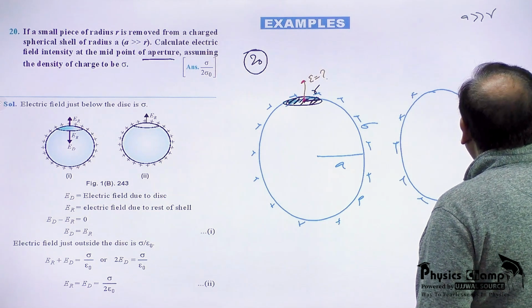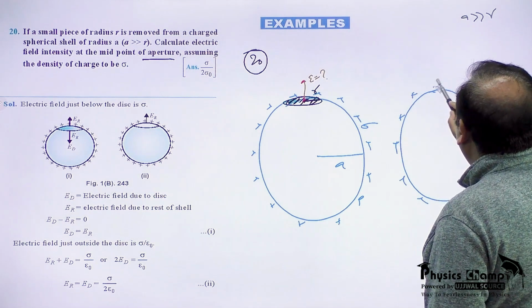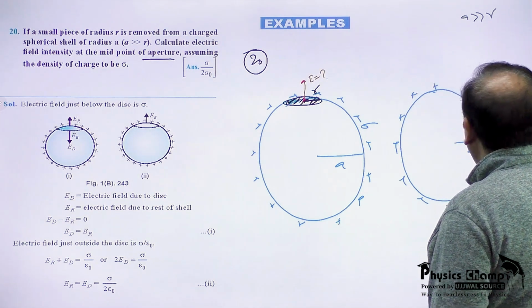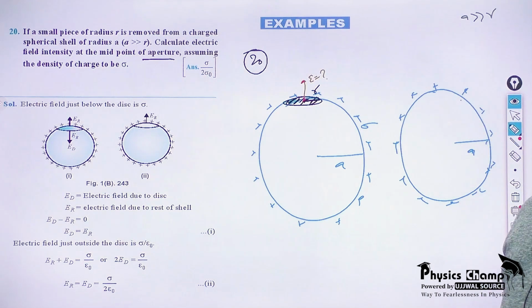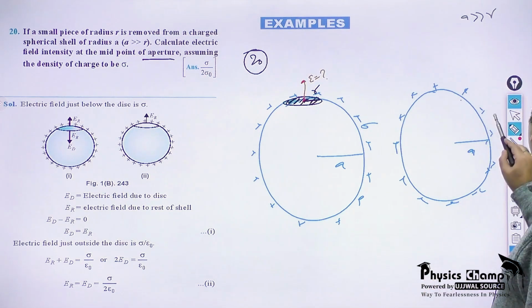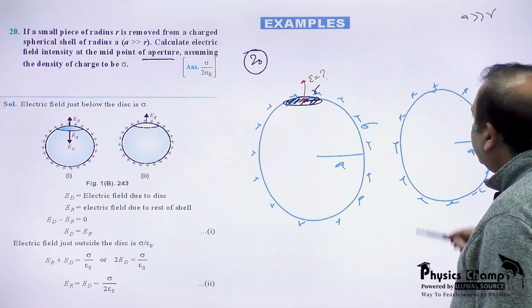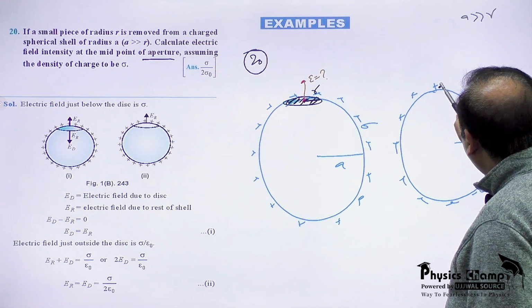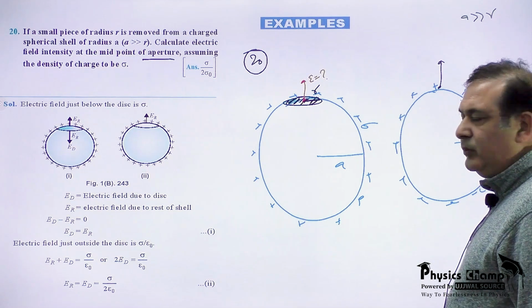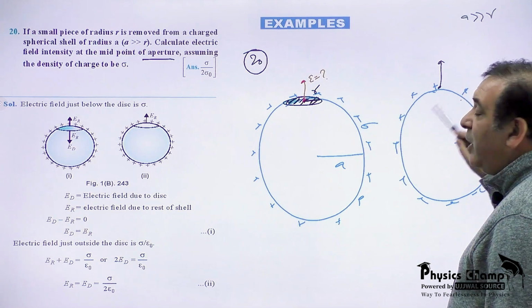In a normal situation, if I say that you have a shell of radius a, and this shell has a charge density sigma, what do you think is the electric field at a point just outside, or at the surface, of a charged shell of radius a?